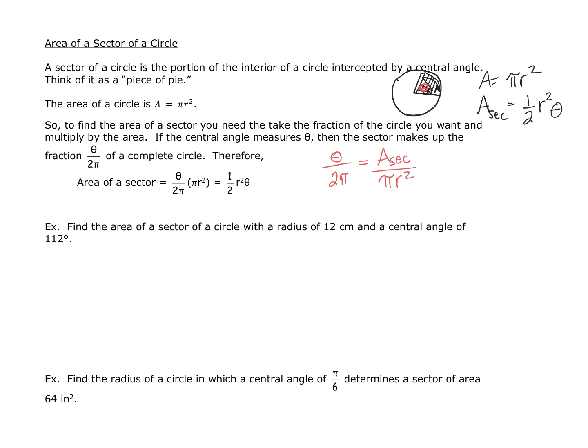So if we're solving for the area of the sector here, we're going to multiply by pi r squared on both sides. And we're going to get the pi's canceling. So we're going to get r squared theta over 2, or 1/2 r squared theta. So this is the formula we're going to use. And just like before, we have to have theta in radians.